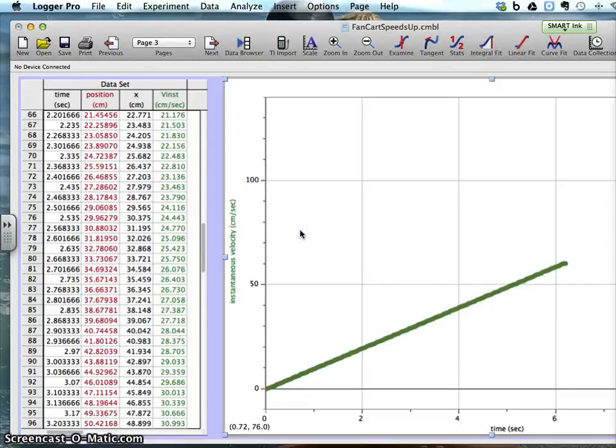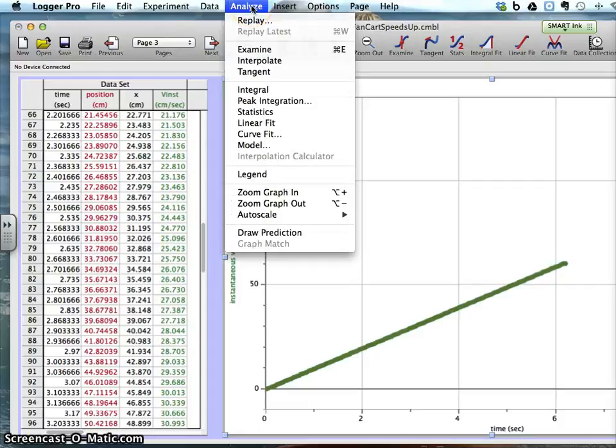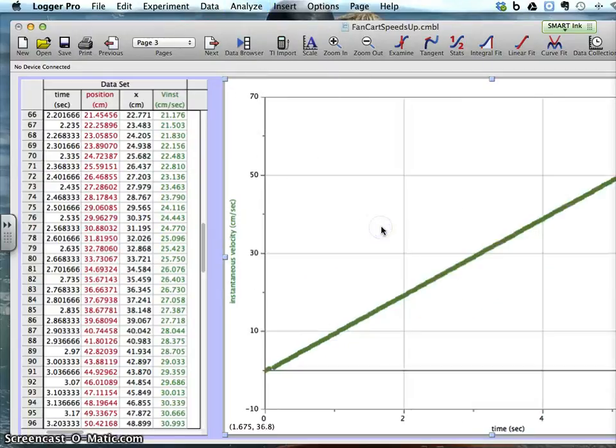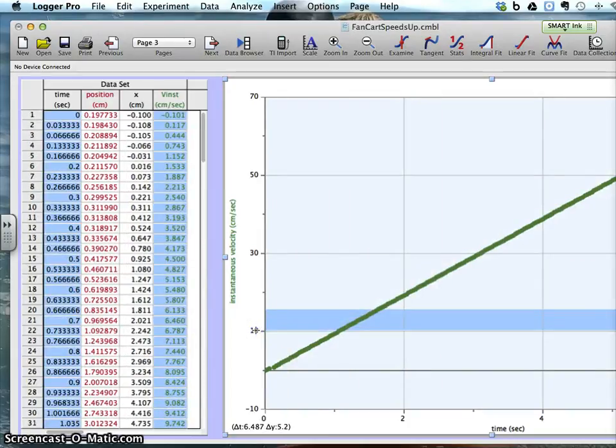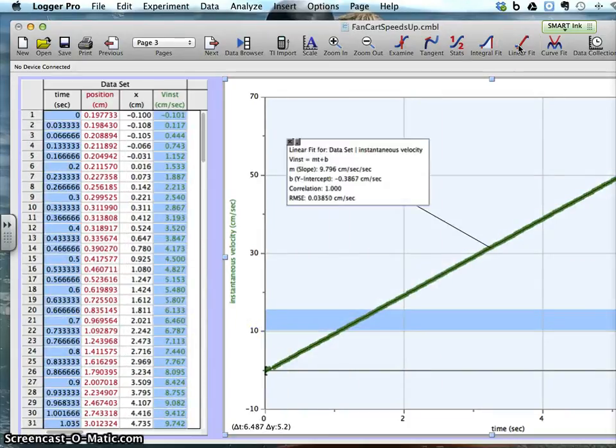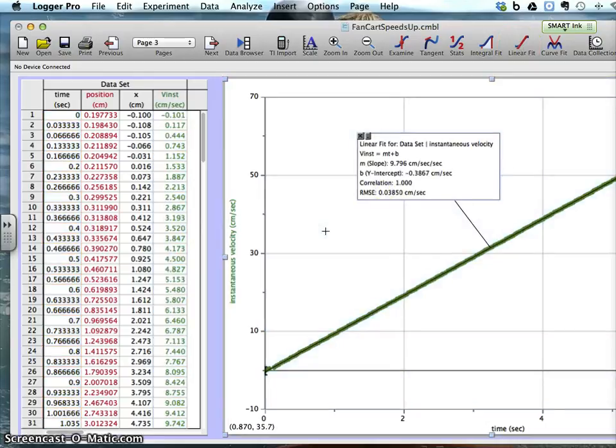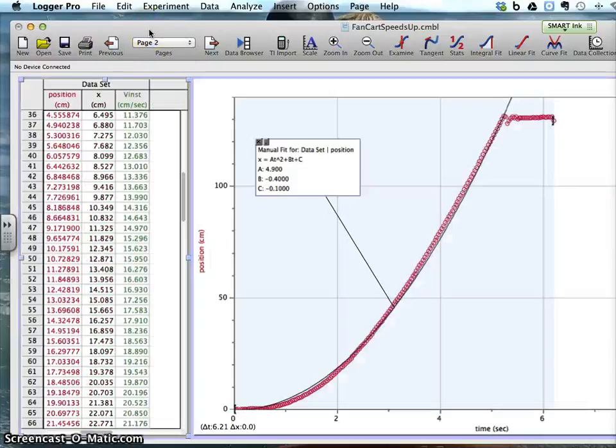And I'm gonna give you a moment. I'm gonna auto scale from 0 first. I'm gonna give you a moment to try to notice the pattern I was hoping you'd all see today. Okay? I want you to look at the slope of your instantaneous velocity graph and compare that with your A term. We'll go back and forth a couple times while you talk about it.